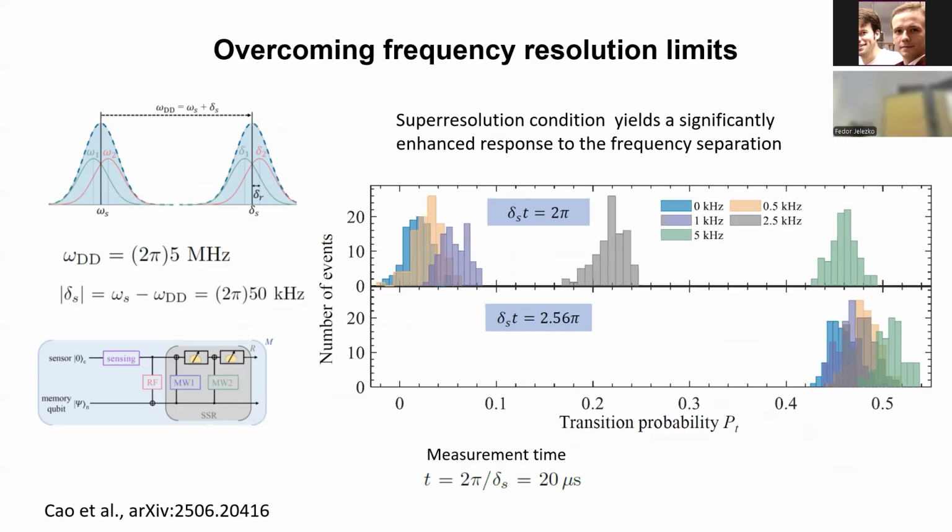And for two frequency components, now separated by different splittings, the signal frequency splitting is 0 kilohertz, the blue histogram, 1 kilohertz, 2.5 kilohertz, 5 kilohertz, leads to different results. So the transition probability is 0 for a single frequency, right?